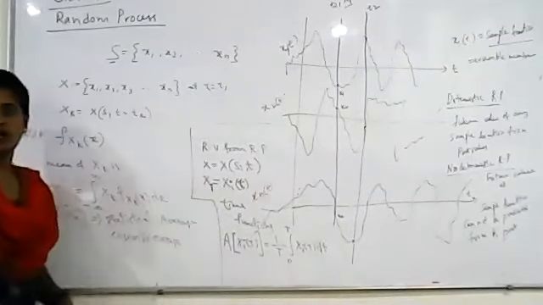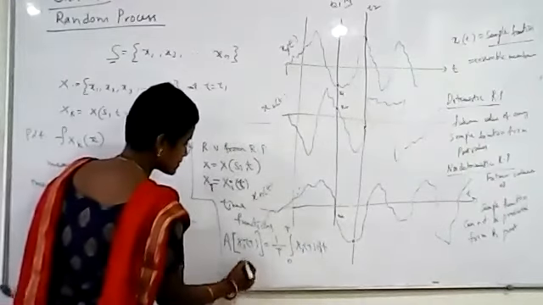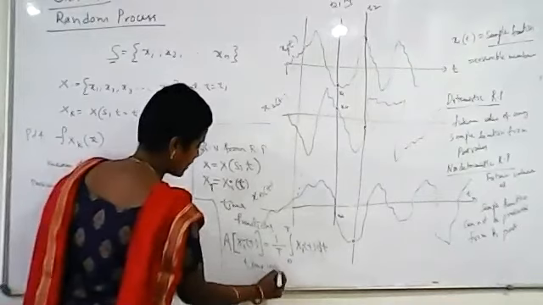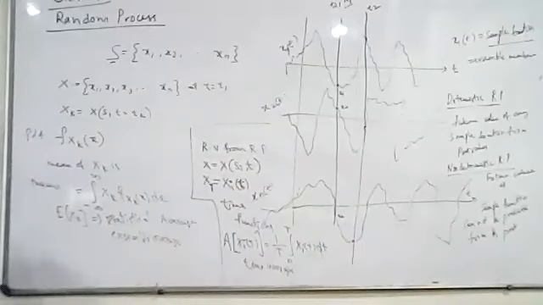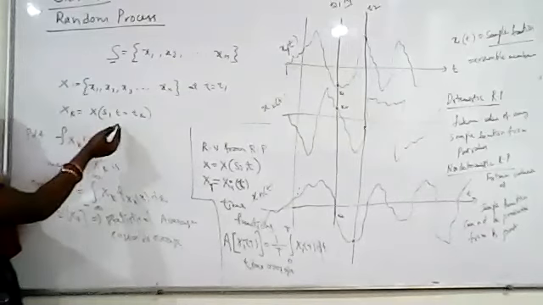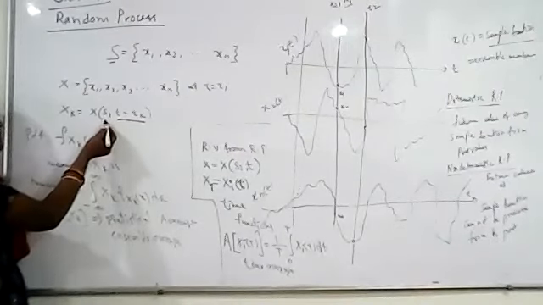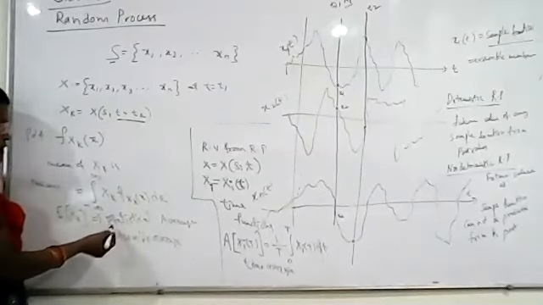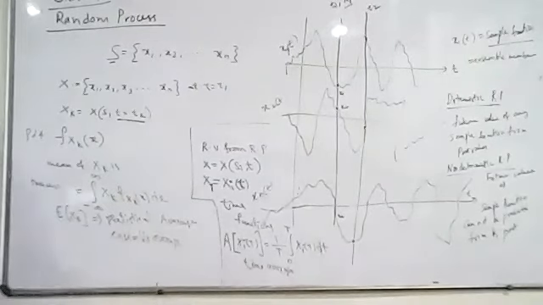This is called the time average. If you find the average of the random variable by fixing time t, while the sample space is varying, then it is called the statistical average or ensemble average. This is the definition of the random process.